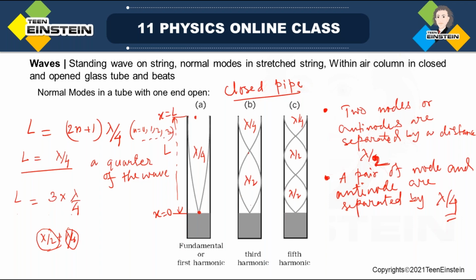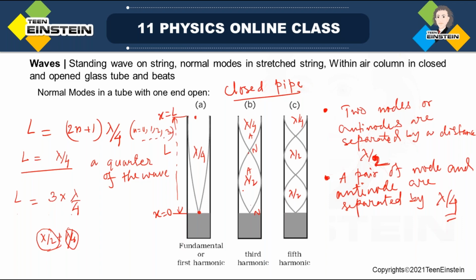See, this is the half of the wavelength. That means you have this node, this antinode, this node, and this again antinode. So you have two nodes and two antinodes.